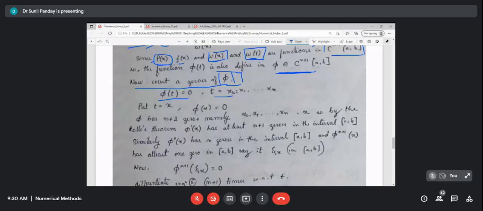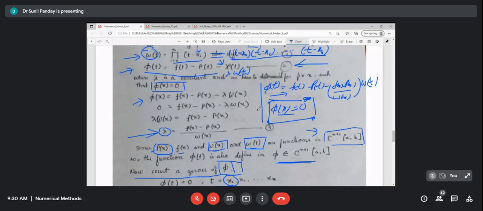Then another thing we will check: when I substitute t equal to x_0 here, what will happen? It is f(x_0) and it is p(x_0). So f(x_0) and p(x_0) are equal because this is the interpolating condition.